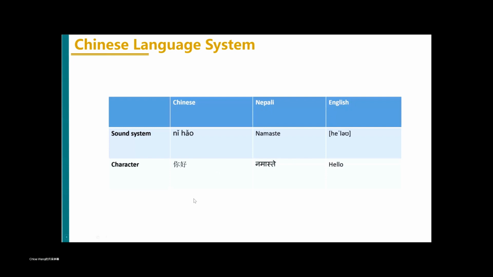So as 你好, as an example, in sound system, it write like this. And in character system, it write like this. 你好 means namaste. If we see it in Nepali language, then the sound system roughly means this kind of namaste, which sometimes we use in the chat, especially texting to others on the phone.